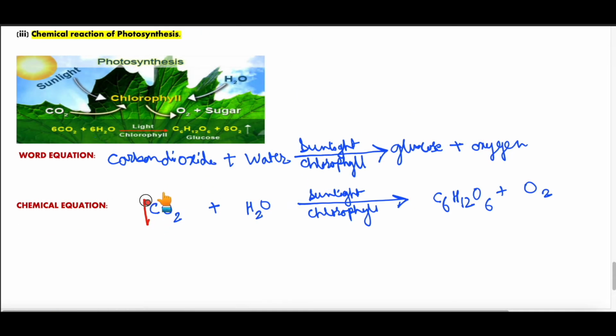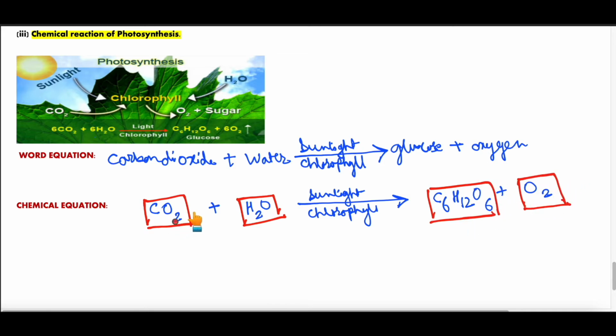So let us draw the box around each formula. This is glucose and this is oxygen. We draw boxes around each formula so that we do not alter the formulas, and whatever coefficients are added are written outside the formula.